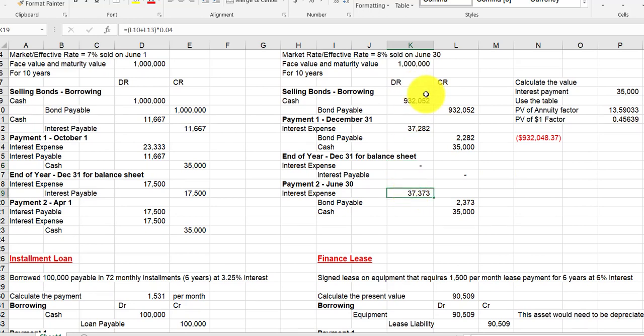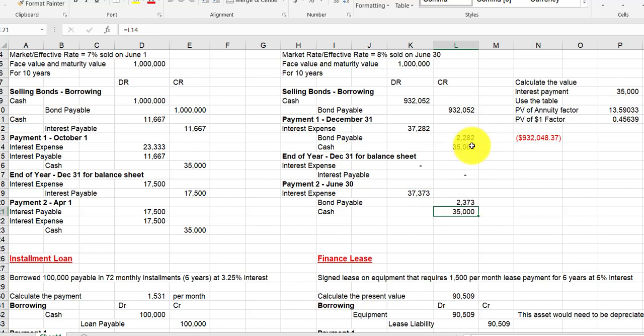We take the original bond payable and add the bond payable we added to it here. So it's important we understand that that's increasing our bond payable. We add that and then multiply by the 4%, or the 8% divided by 2, for interest expense. So interest expense is going up because the bond payable is going up.